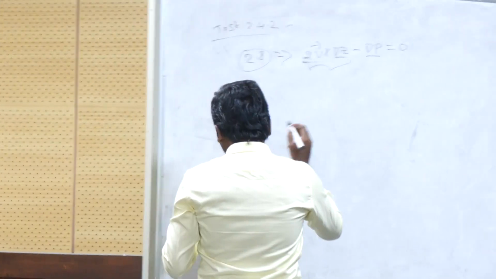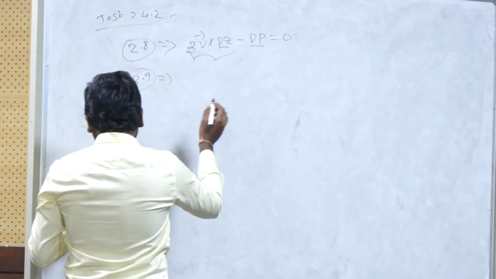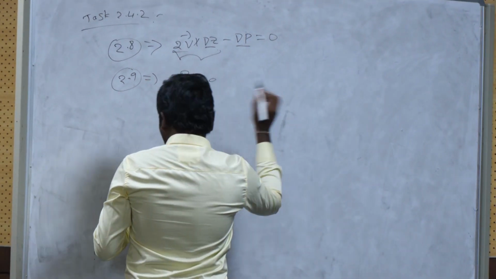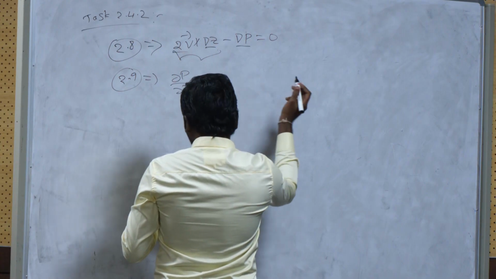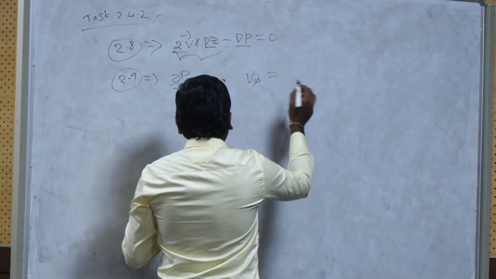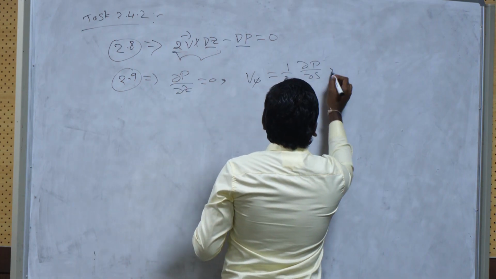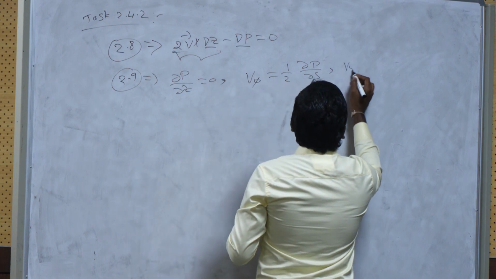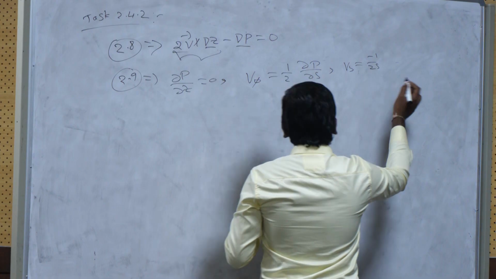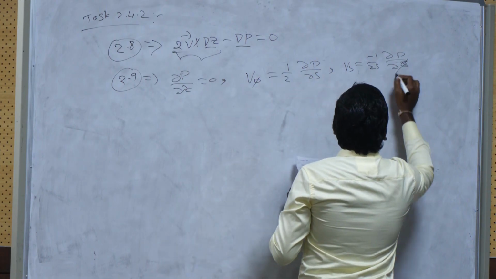And we have to show 2.9, which is given by del p by del z equal to 0, v phi equal to 1 by 2 del p by del s, and vs equal to minus 1 by 2s del p by del phi.